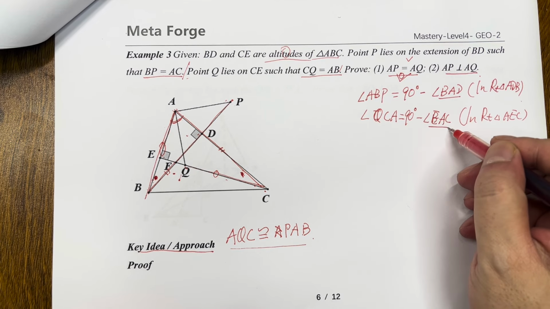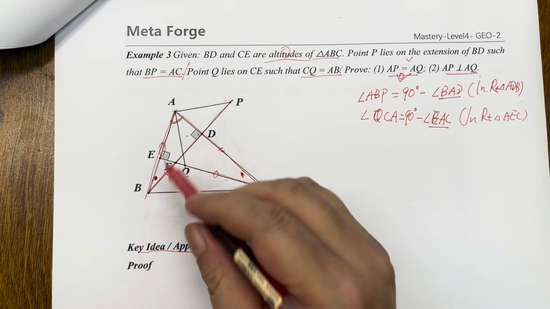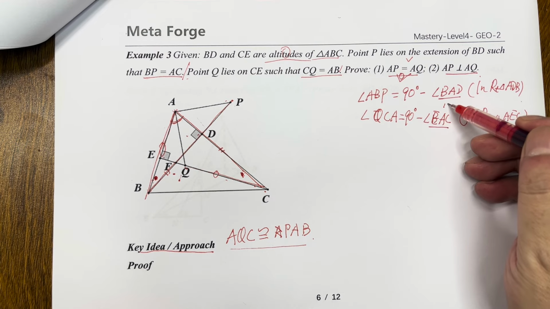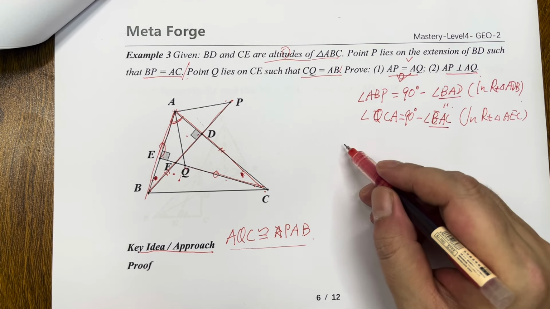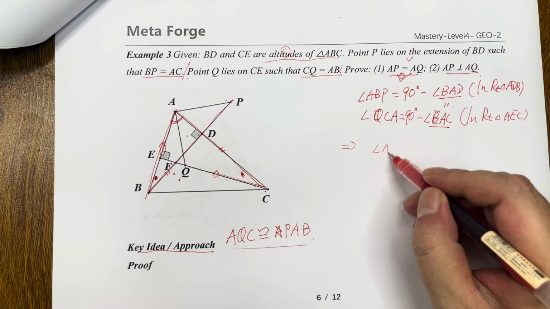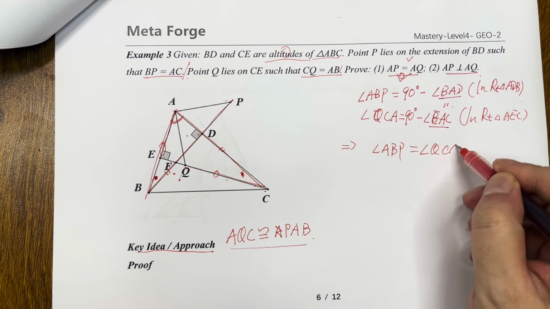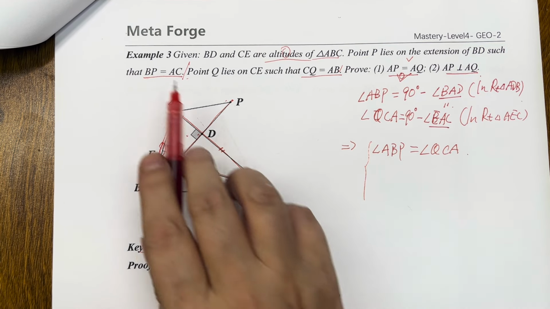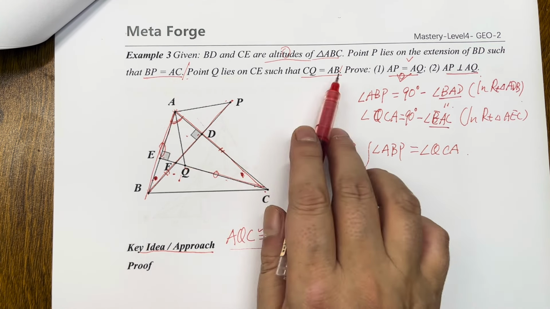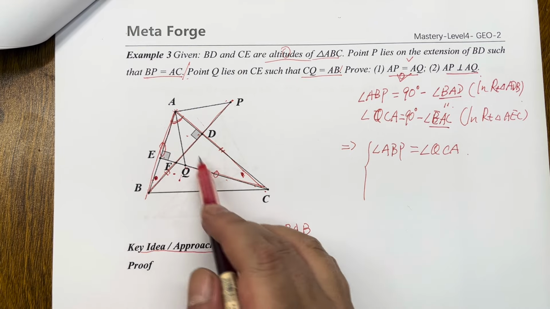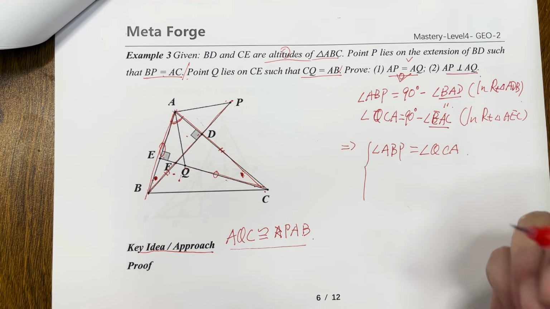Angle BAD is the angle EAC. So these two angles are equal. This is a very strange relationship. A long-distance equal relationship happened.